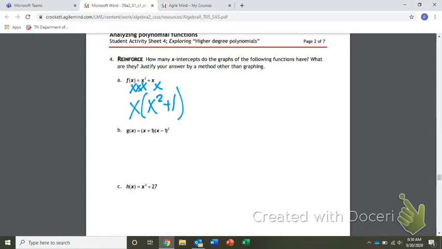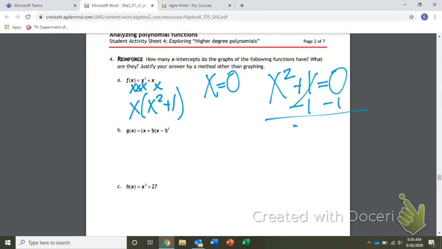Okay, so remember the first one, I'm setting x equals 0. And I've got a 0. Get my x-intercept. Now, the next one's a little bit different. If I said x squared plus 1 equal to 0, first I'm subtracting 1. And I get x squared equals negative 1.